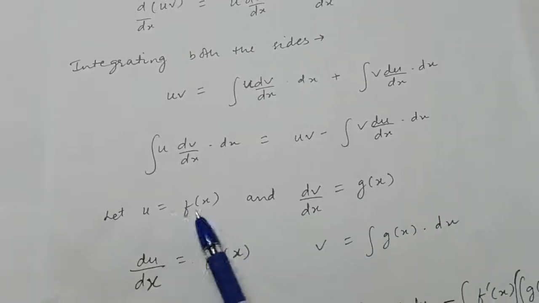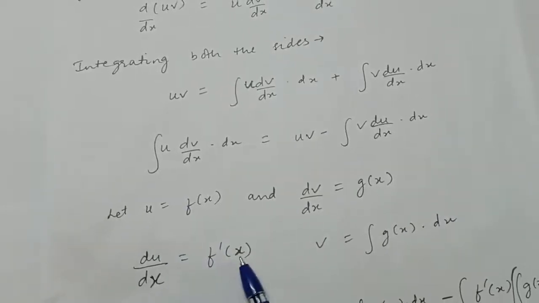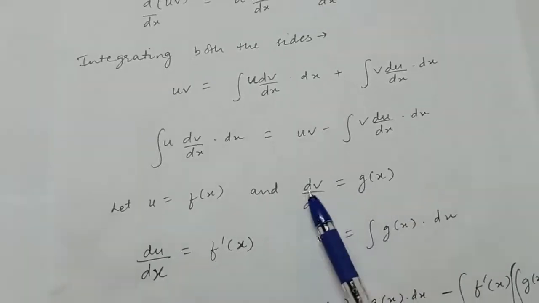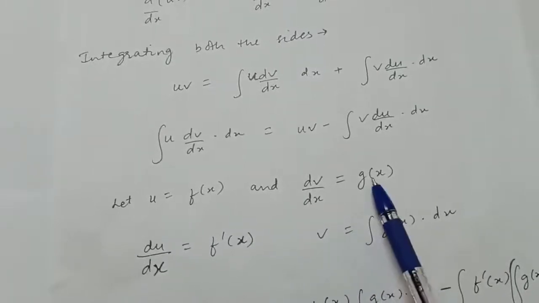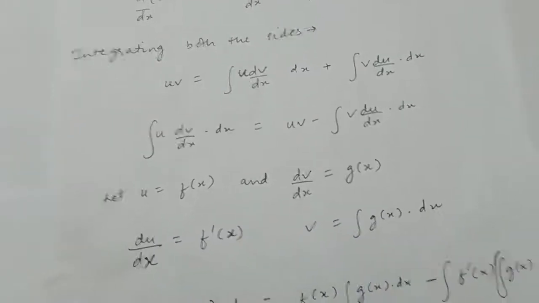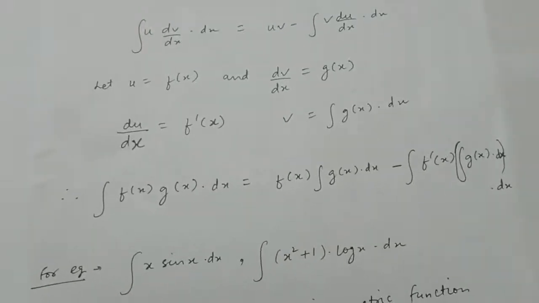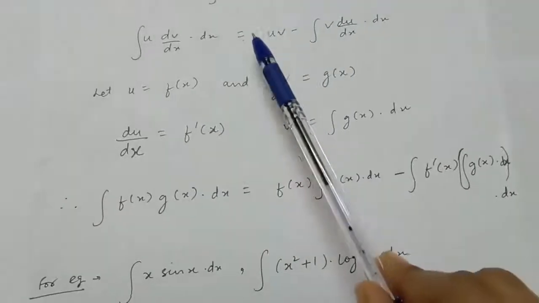Now see, differentiate both of these sides, then you will get du upon dx equal to f dash x, and integrate both of these sides. So when you integrate this, you will get v equal to the integral of g(x) with respect to x. Now put all of these four values in this equation.